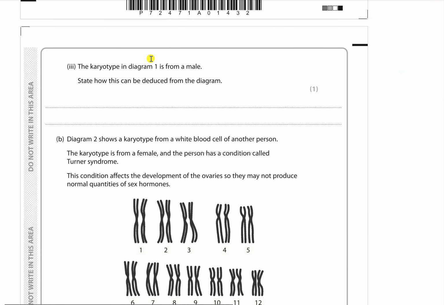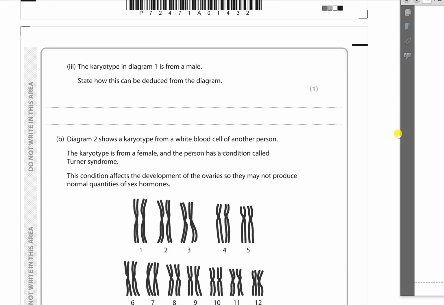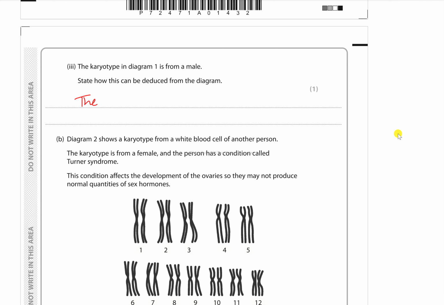Right. The karyotype in the diagram is for a male. State how this can be deduced from the diagram. Right, because we can see that the last chromosomes are different in terms of size.